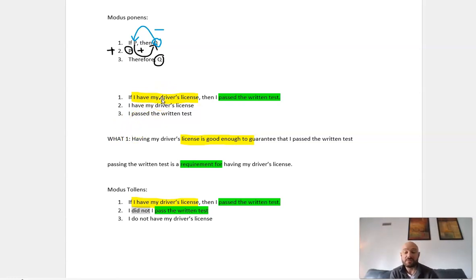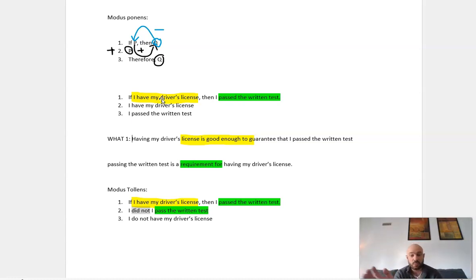And so instead of saying if I have my driver's license, I pass the written test, you're going to exploit the language there to show the true meaning of what that is trying to get at. You rephrase it using our indicator words: having my driver's license is good enough to guarantee that I pass the written test.